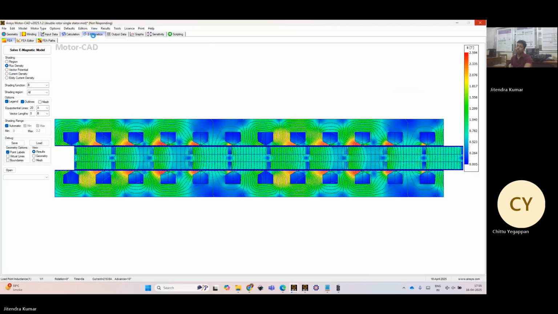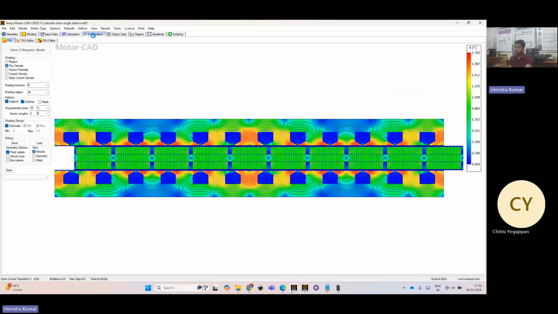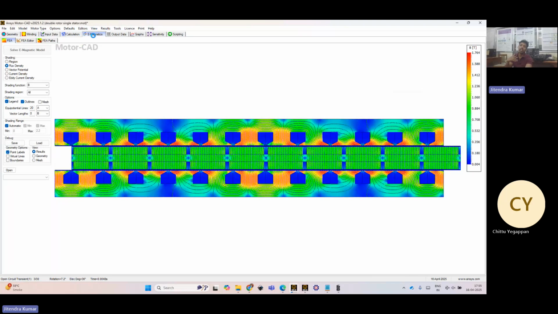See the flux lines of this machine. Are you able to visualize that the flux is taking a longer path than the double rotor single stator topology?